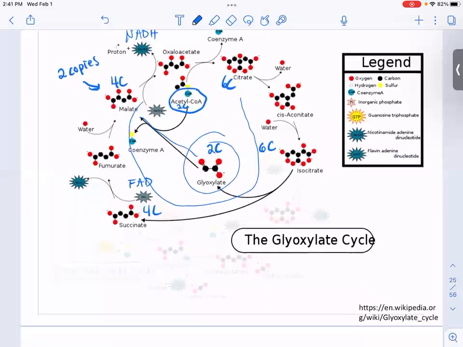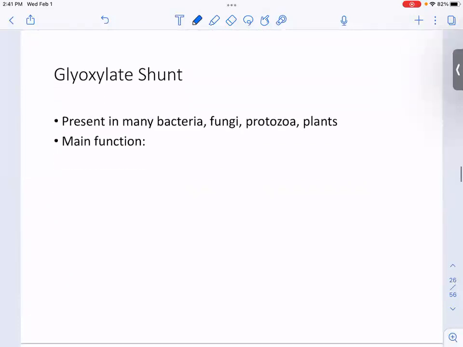Okay, so let me write down some bullet points here. What you should know about the glyoxylate shunt. Lots of organisms do it, not animals, not humans.